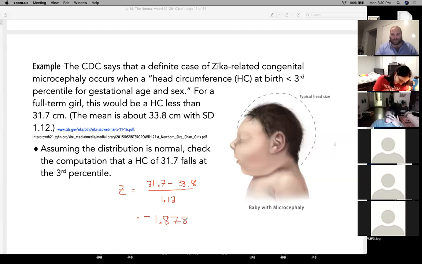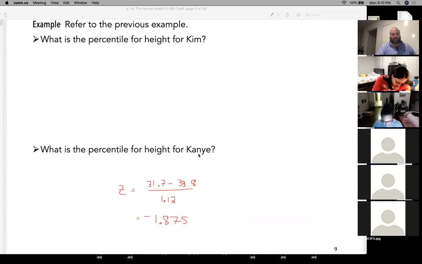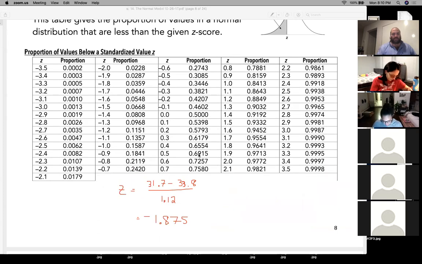That's okay. So negative 1.875. The question now becomes, what's the percentile for negative 1.875? Well, let's go all the way back to our table. A z-score of negative 1.875 falls where? Close to negative 1.9, but in between negative 1.9 and negative 1.8.